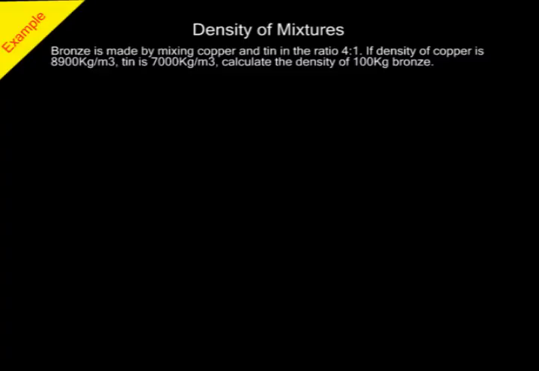Now recall that density of the mixture is equal to mass of the mixture over volume of the mixture. The mixture is bronze, so we have its mass already. So what we need to find is the volume of the mixture. Now to get the volume of the mixture, we need the volume of individual constituents, that is copper and tin.